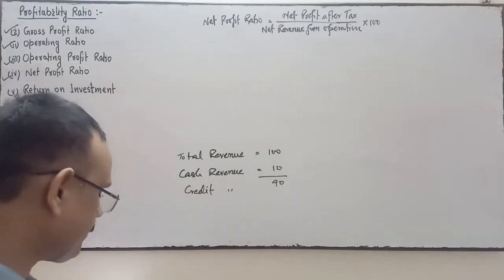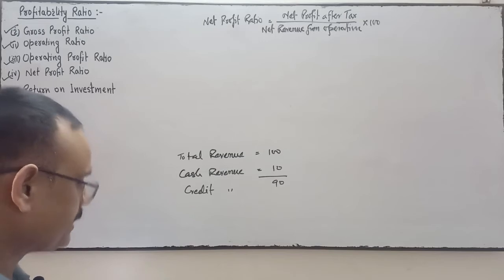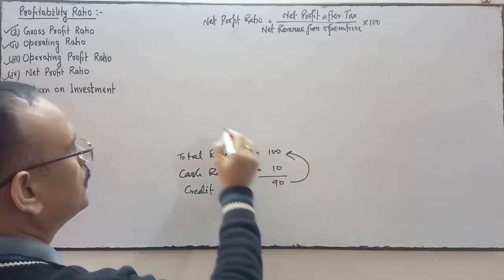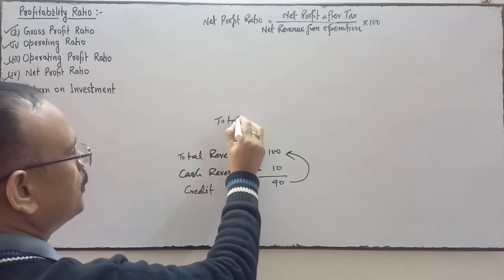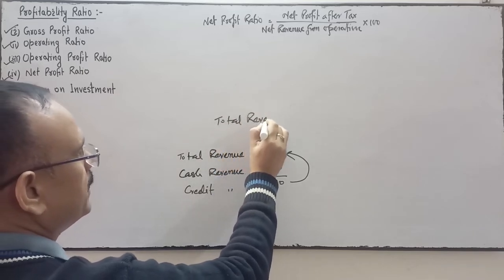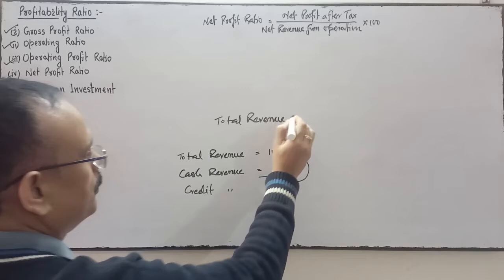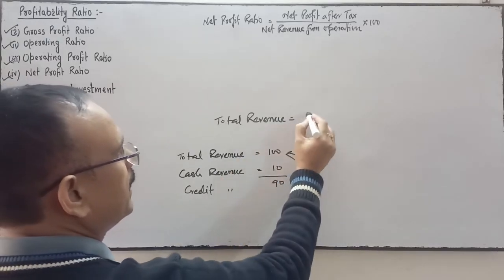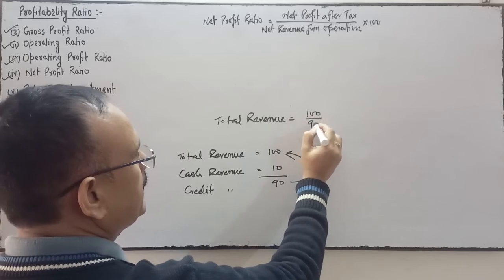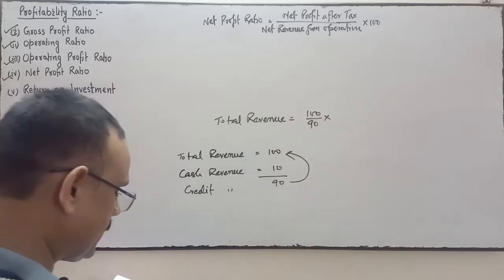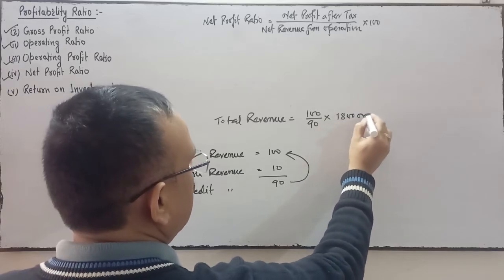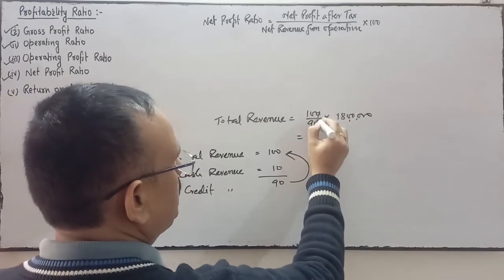So when the credit revenue is given in the question, you can calculate the total revenue. When the credit revenue is 90, total revenue is 100, and when the credit revenue given in the question is 18 lakhs, then total revenue will be how much?